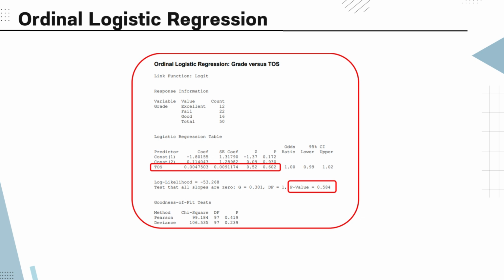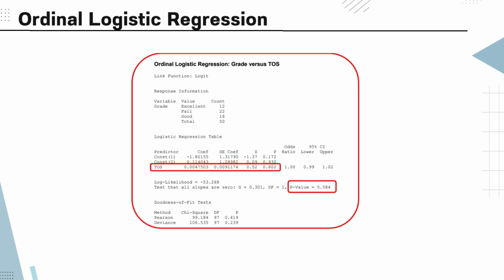At the bottom, we see a test result that reads p-value equals 0.584 for the test that all slopes are 0. This is the overall model test. Since 0.584 is greater than 0.05, we fail to reject the null hypothesis, meaning TOS does not significantly influence the grade.